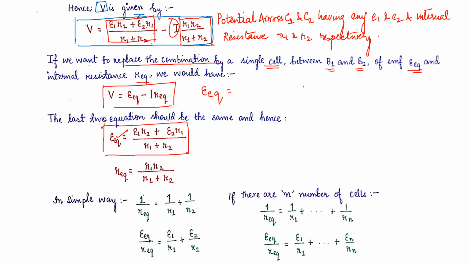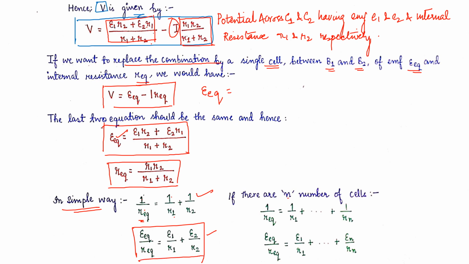Similarly, the internal resistance equivalent for the combination of the cells will be R1 R2 upon R1 plus R2. In a simple way, 1 upon R equivalent equals 1 upon R1 plus 1 upon R2, and E equivalent divided by R equivalent equals E1 upon R1 plus E2 upon R2.